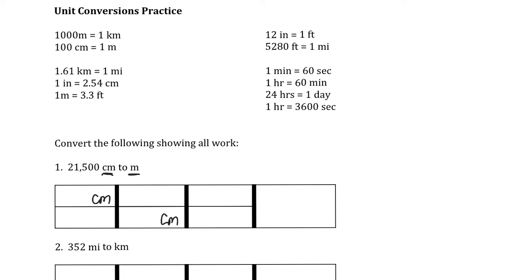Then we can say, all right, do we have a direct relationship that we know about, which are up here, with centimeters and meters? So we look around, I see centimeters, and lo and behold, on the other side, it's meters. Fantastic. So all I have to do now is put the meters up top, because I have my relationship between centimeters and meters.